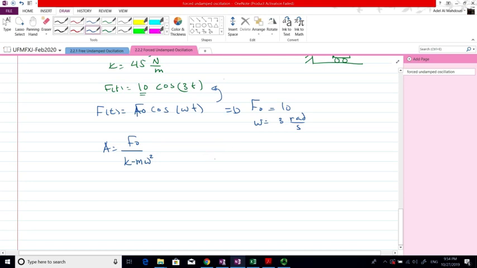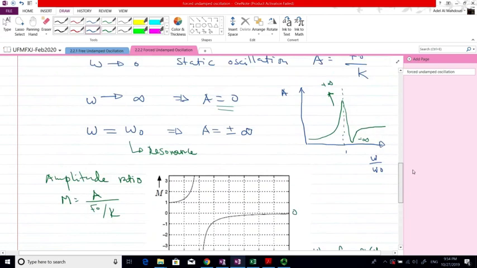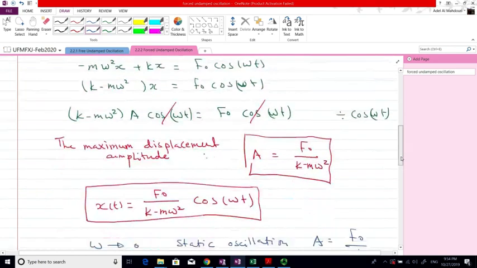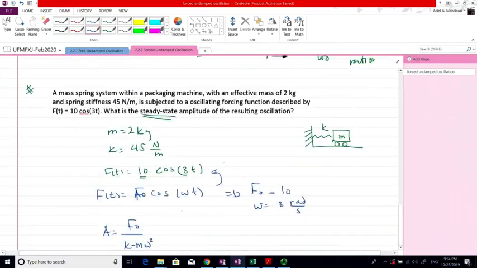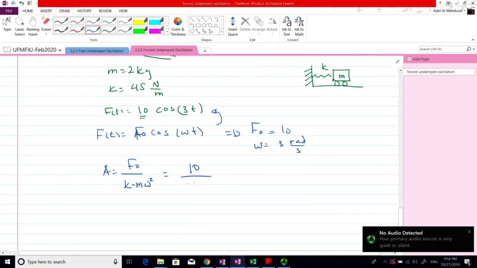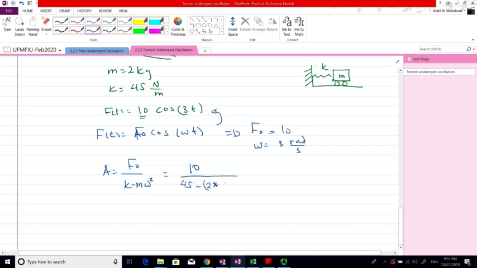This is the maximum amplitude, and it becomes F naught, which is 10, over K, given as 45, minus the mass, 2 kilograms, multiplied by omega, which is 3 radians per second, squared.